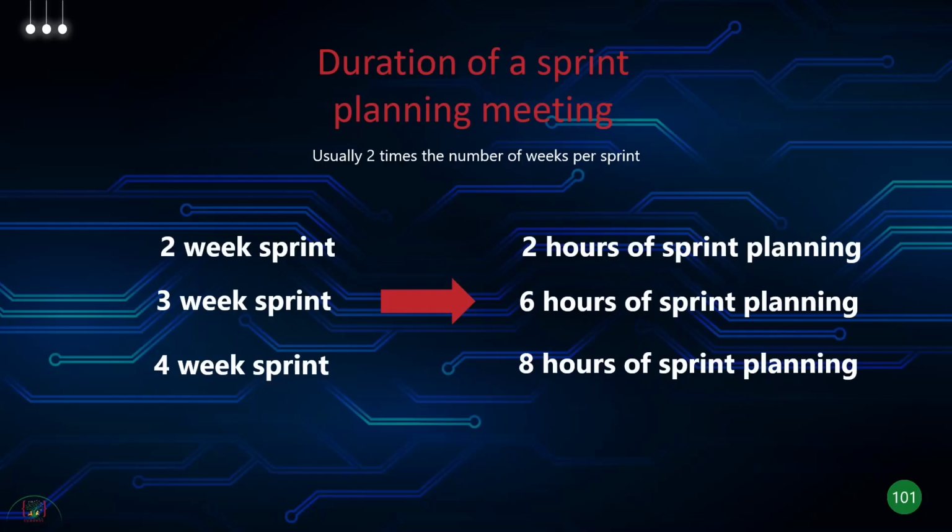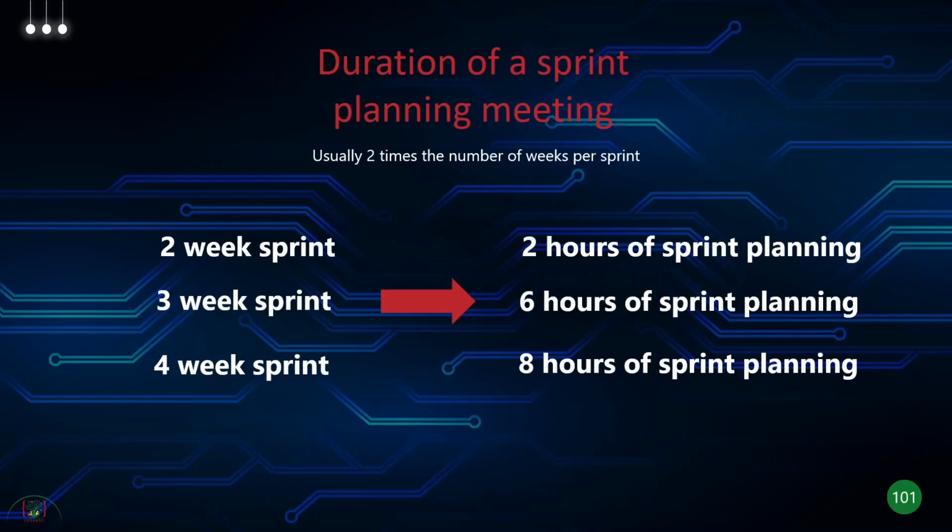And of course, if you have a prioritized product backlog already, you have all the user stories nailed down, and you have your team which understands the user stories, let's say they were part of the product backlog grooming, you don't really need so much time for sprint planning. This is not set in stone.